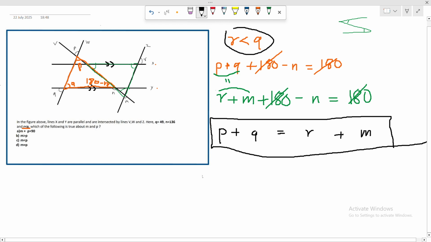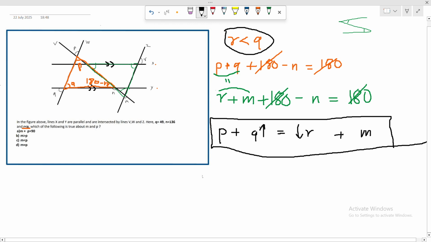So what we have, q is bigger than r, and r is smaller than q. So what will be the condition here? This is equal to, so the left hand side must be equal to the right hand side.